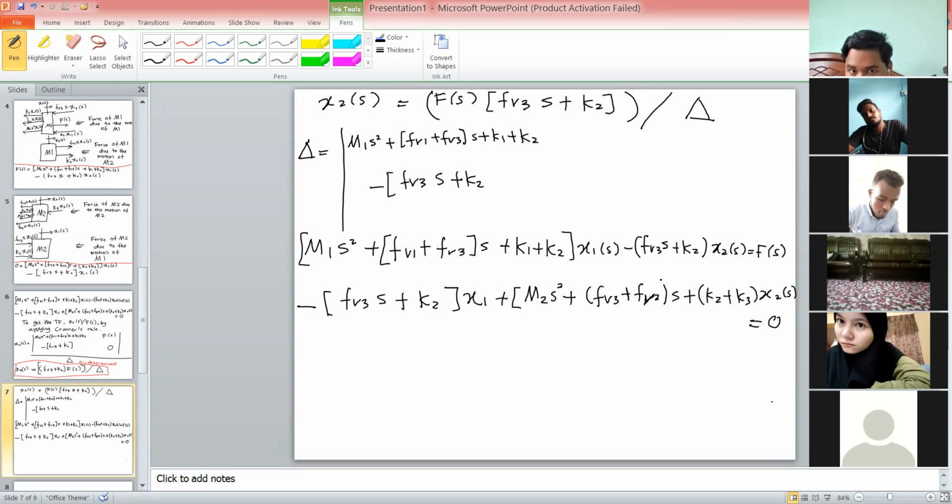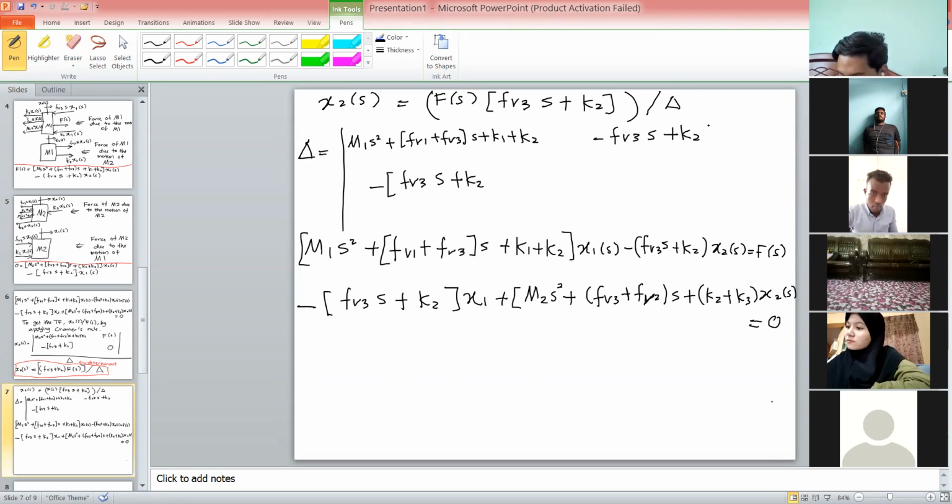How about the other part? The other column is minus FV3 S plus K2.